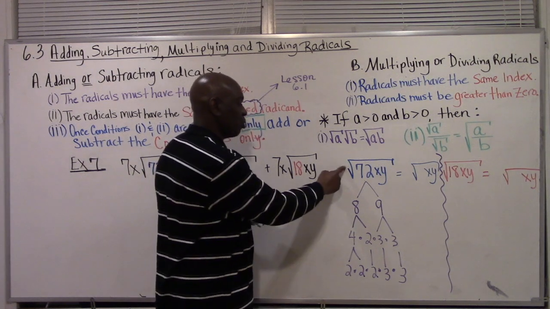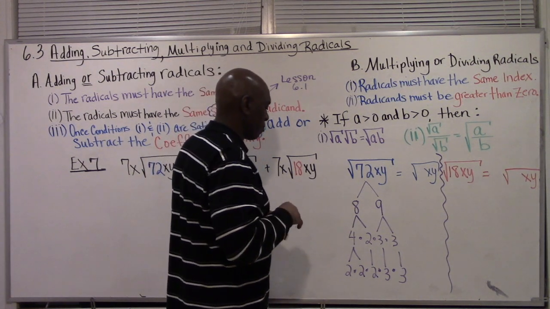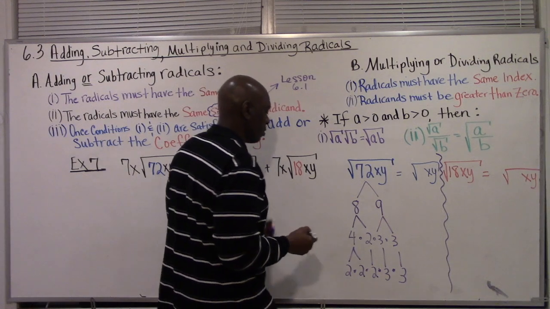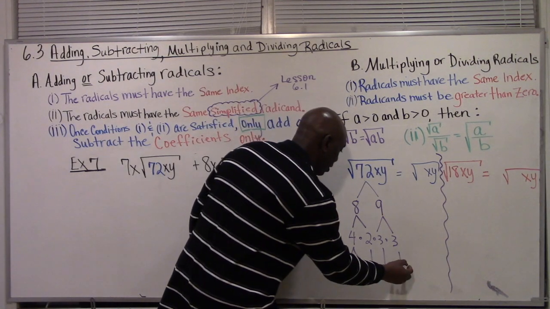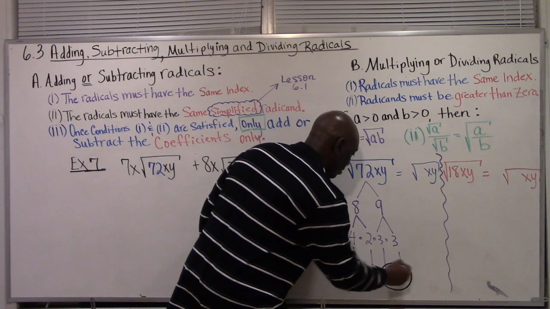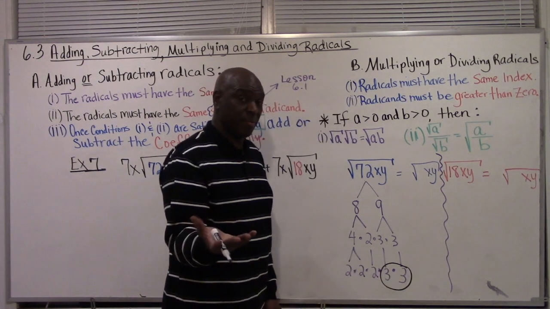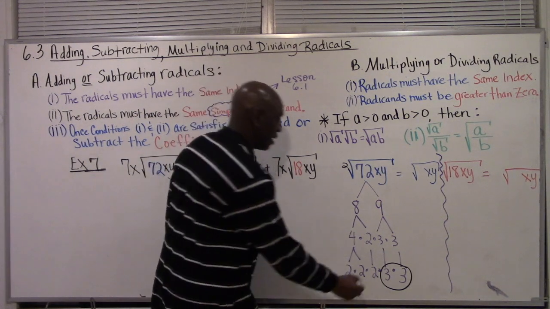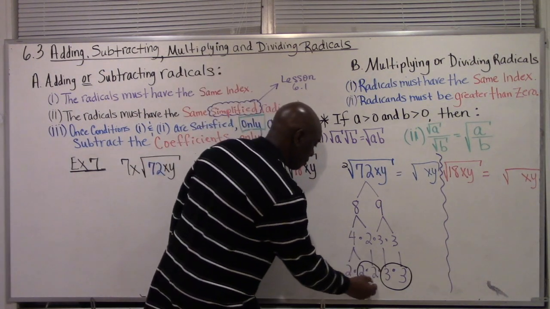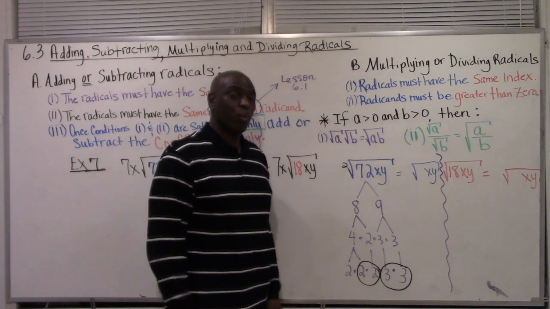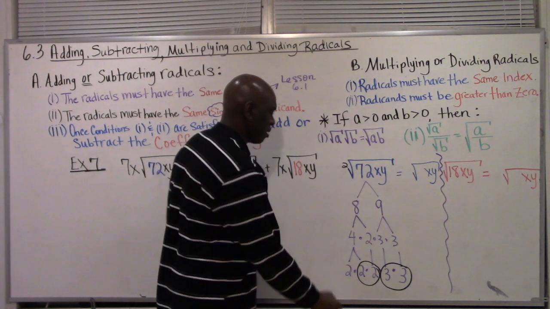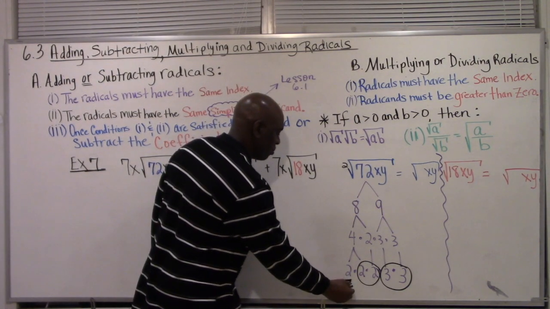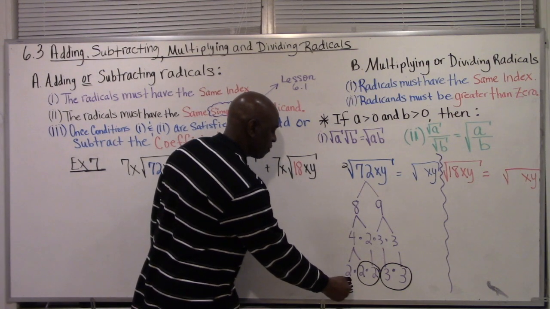My index is a 2, so group by 2's. So I'm going to group these 2 3's together, because there's 2 of them, because the index here is a 2. And then I can group these 2 2's together. What did not get grouped? This 2 right here. See that 2? It didn't get grouped.